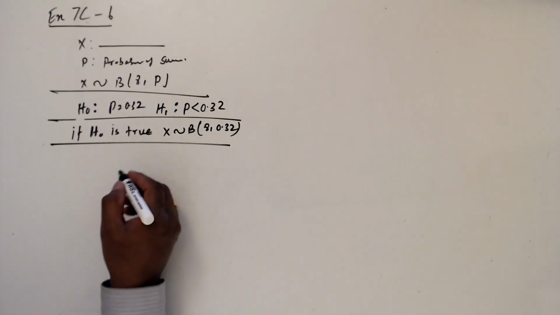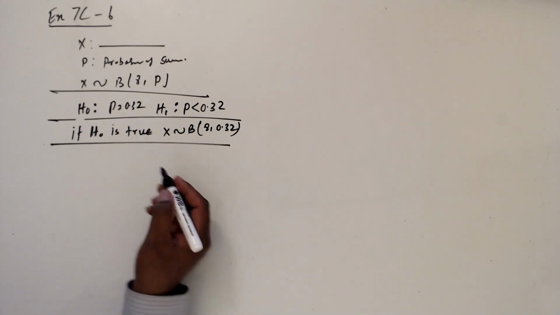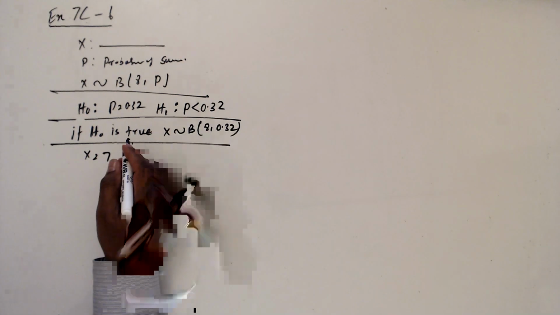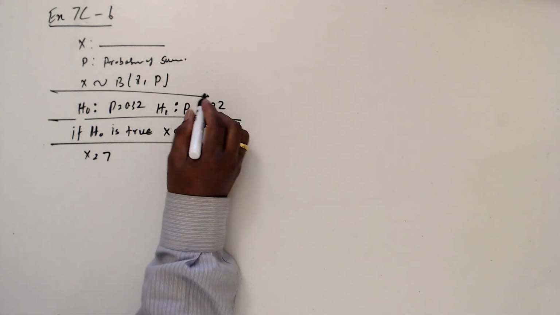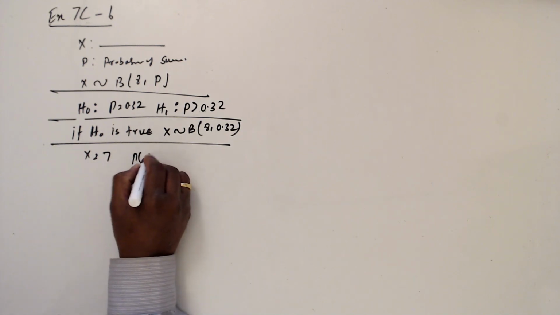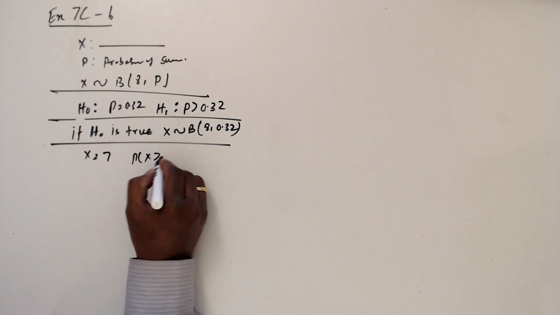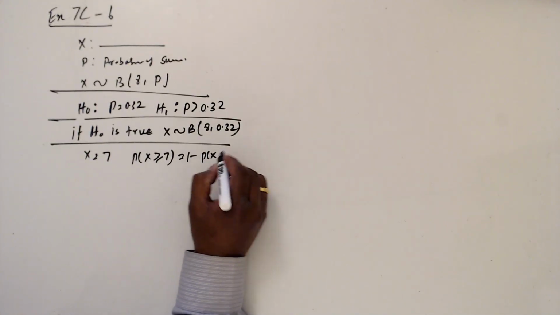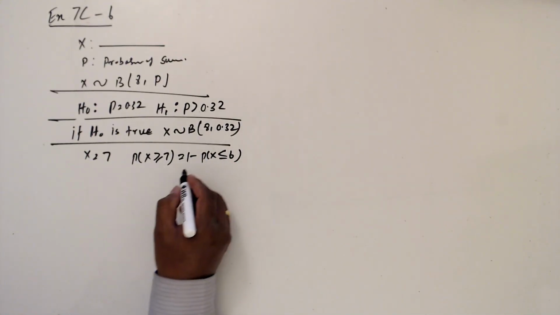And the observed value X equals 7. So this has to be the other way around, the upper tail. So the probability of X greater than or equal to 7 is 1 minus the probability of X less than or equal to 6.